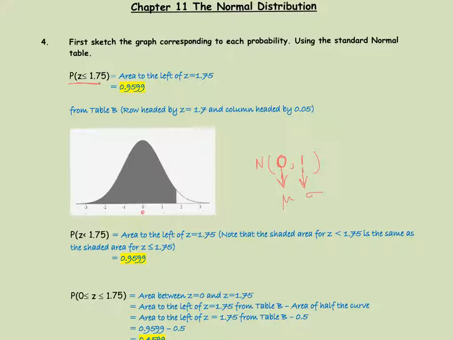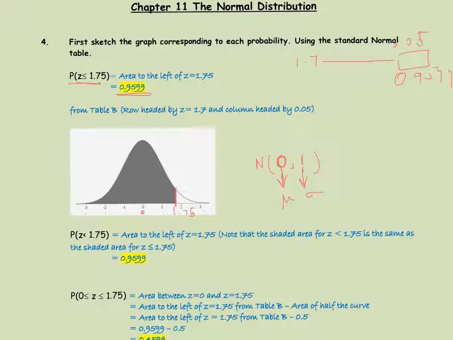Now let's mark the point 1.75, and we're trying to find z less than or equal to, which means it's the area to the left of 1.75. That area can be read off of table B. You look at 1.7 and then go down until you hit 0.05, which gives us 1.75, which is 0.9599.